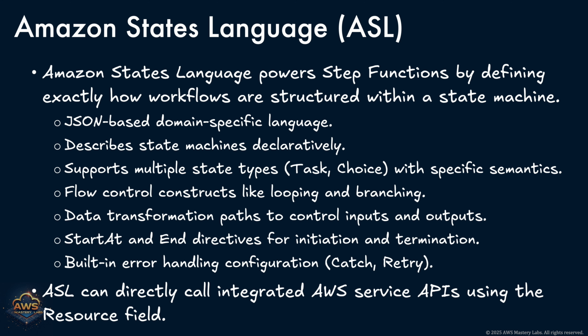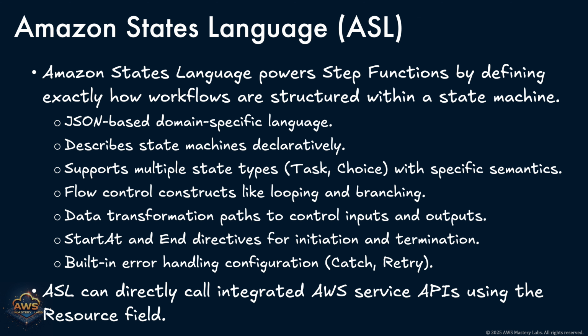Another key capability is ASL's integration with AWS services. Using the Resource field, you can directly invoke AWS services like Lambda, DynamoDB, ECS, Glue, and Step Functions' own API integrations, simplifying the coordination of distributed components. One of the most powerful aspects of ASL is its built-in support for error handling.